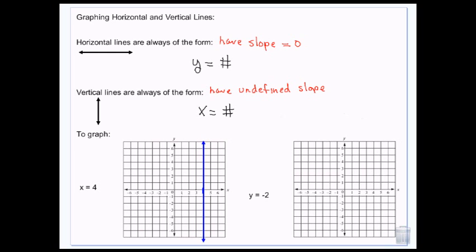If I have y equals -2, I go to -2 on the y-axis, and my graph line follows the line that cuts through -2. So if it's x equals, you make a straight up and down line on whatever number it is. If it's y equals, you make a horizontal line on whatever number it is.